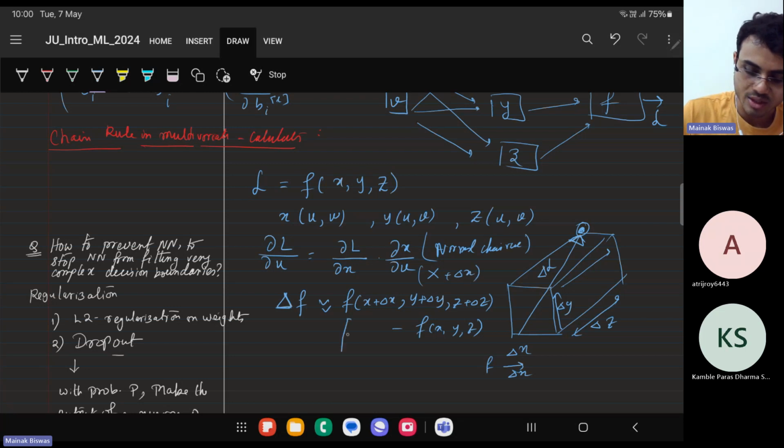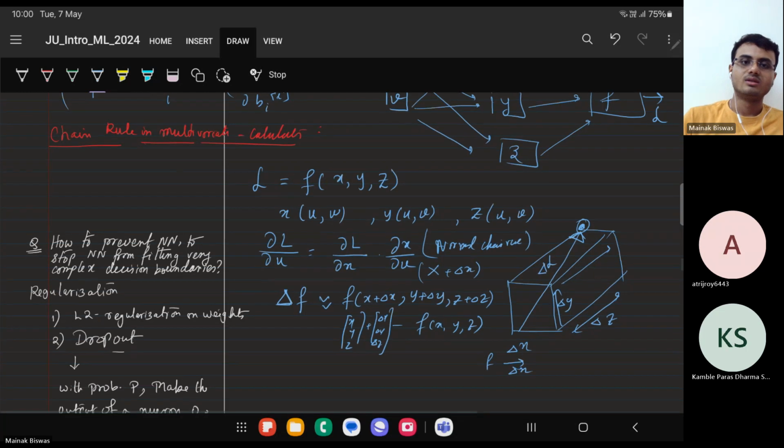You can put these together: x, y, z, and delta x, delta y, delta z. Yes or no? Yes. So you see this is a non-trivial problem that we are solving.